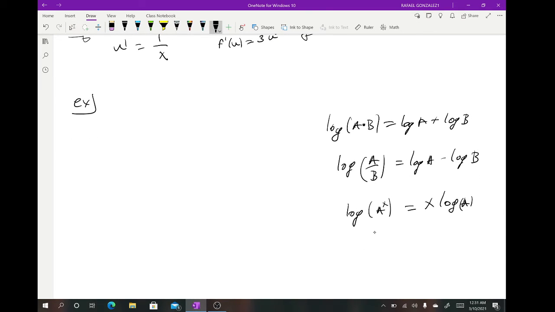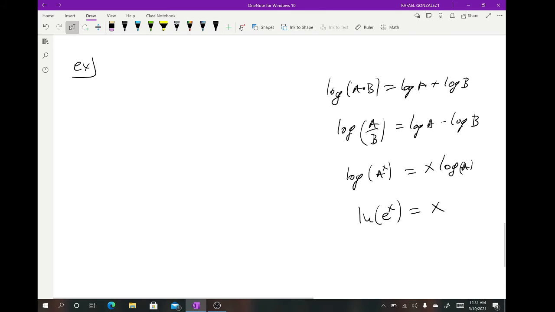Remember the one-to-one property. It's mostly going to be useful for ln, so let me just write it with ln. If you have ln of e to the x, then that's just x. The ln and e cancel out. That's the one-to-one property. Similarly, if you have e raised to the ln of x, that's also x.